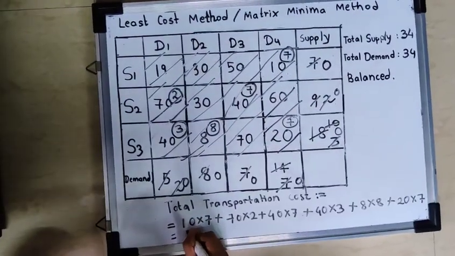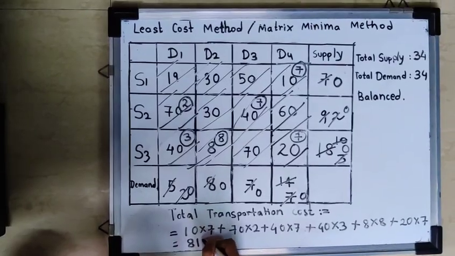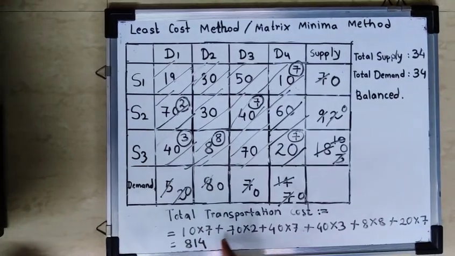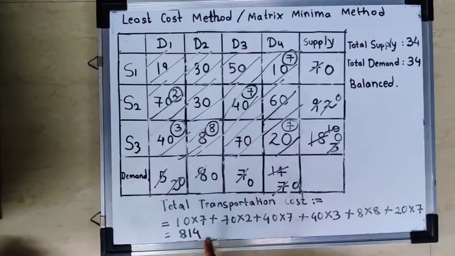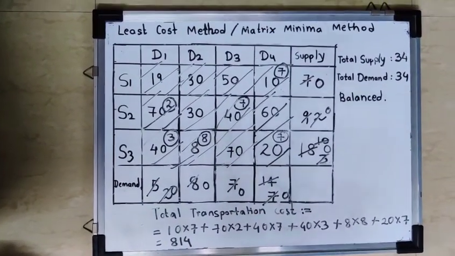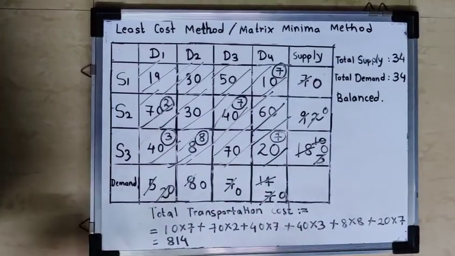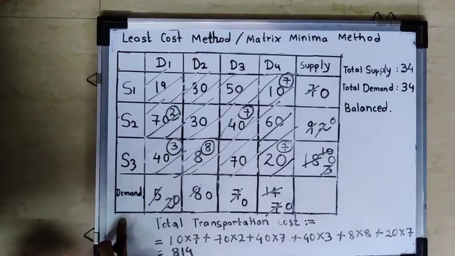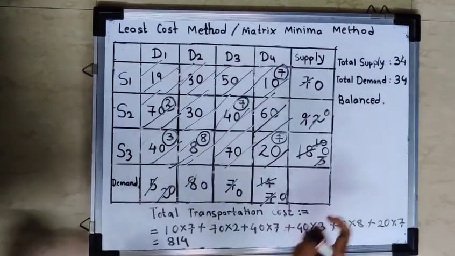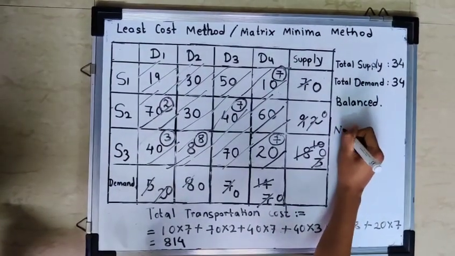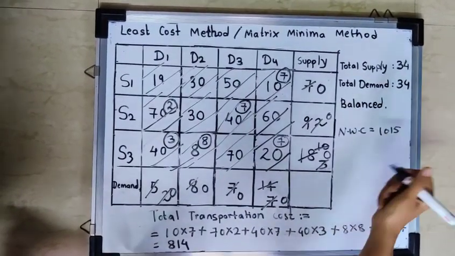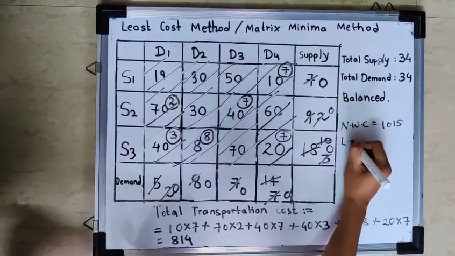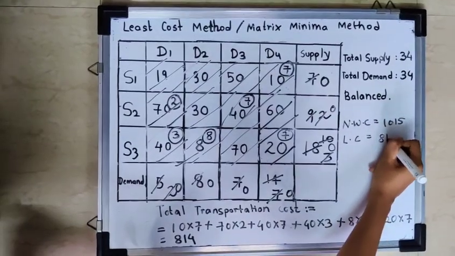After solving this, we get the answer as 814. So 814 is the transportation cost. If you have seen the previous video on the northwest corner method, we had the same sum, but the answer using the northwest corner method was 1015, and using the least cost method the answer is 814.